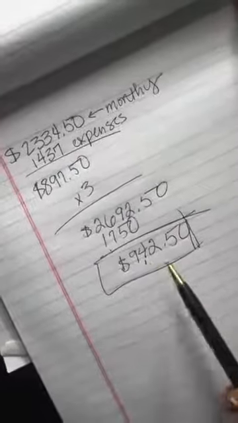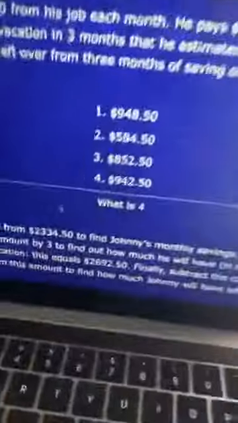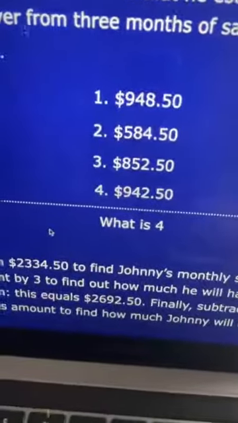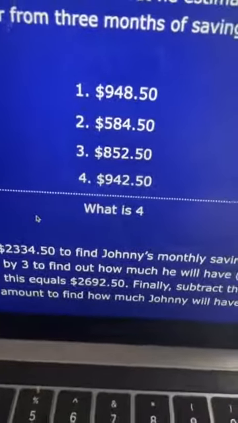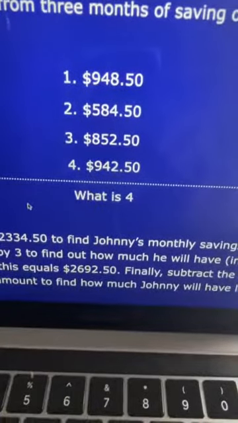So $942.50, number 4, $942.50. Does that make sense? That really wouldn't be a Dubai trip. That's more like Miami right now.